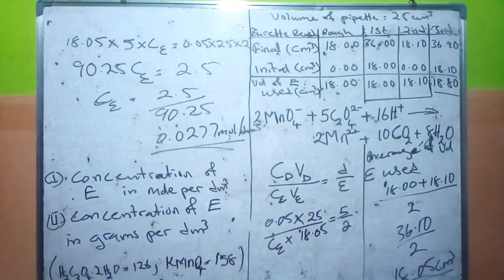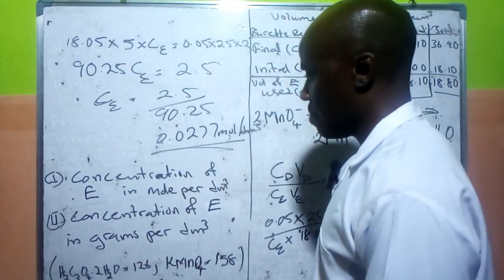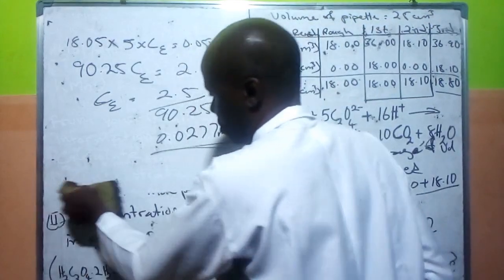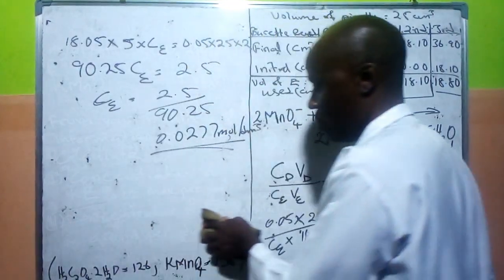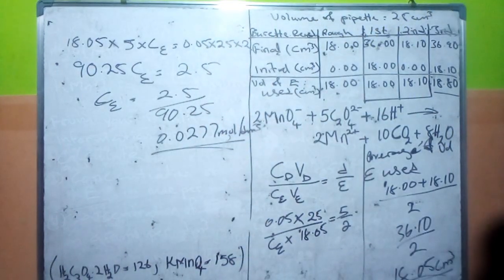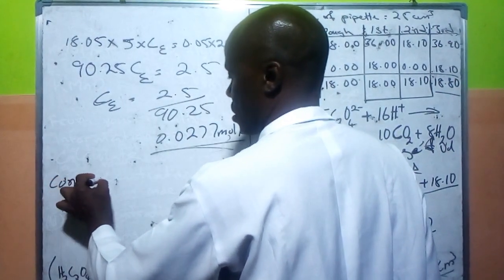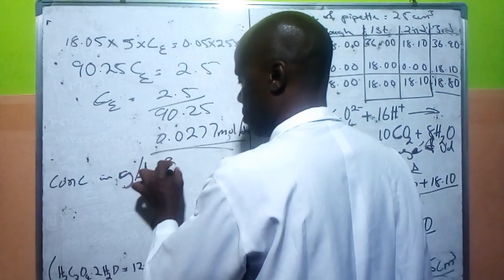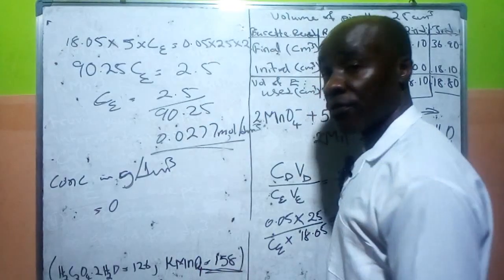So the next one we're going to do, we're going to be calculating the concentration in mass, gram per dm cube. So to calculate the concentration in gram per dm cube, what do we do here? Concentration in grams per dm cube. What do we have? We have 0.0277.